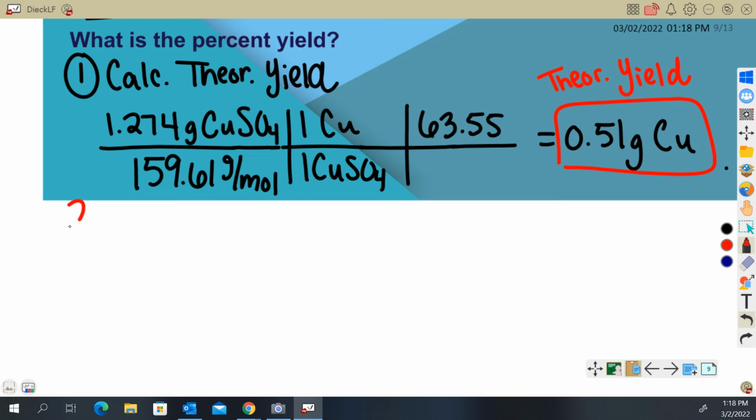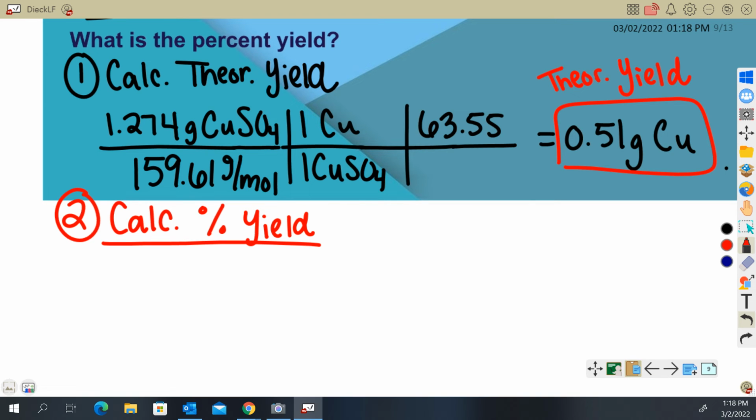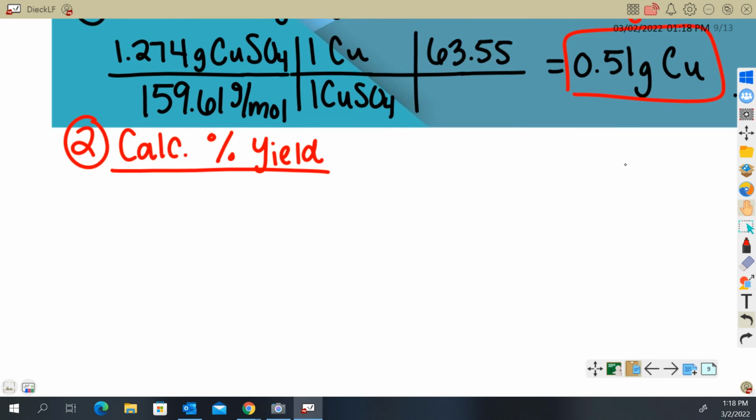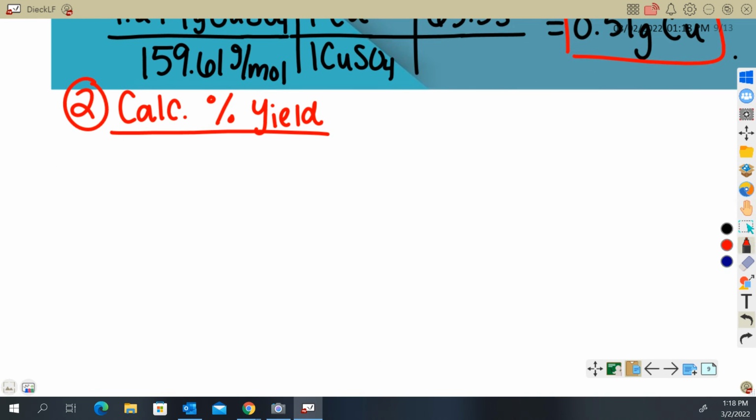Step 2 for our percent yield problems is to calculate your percent yield. We're going to use the percent yield equation, which is actual yield over theoretical yield, times 100. So what was my given actual yield in this problem? 0.392.